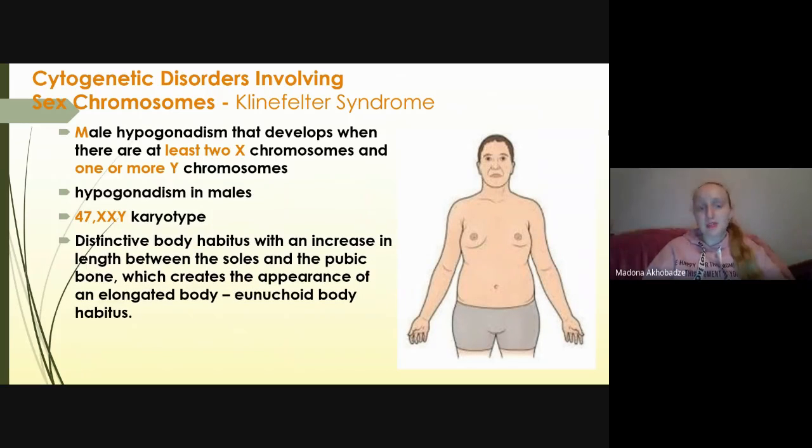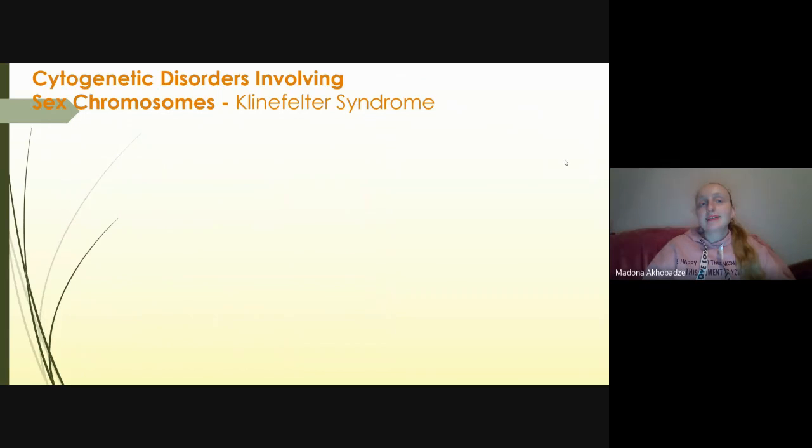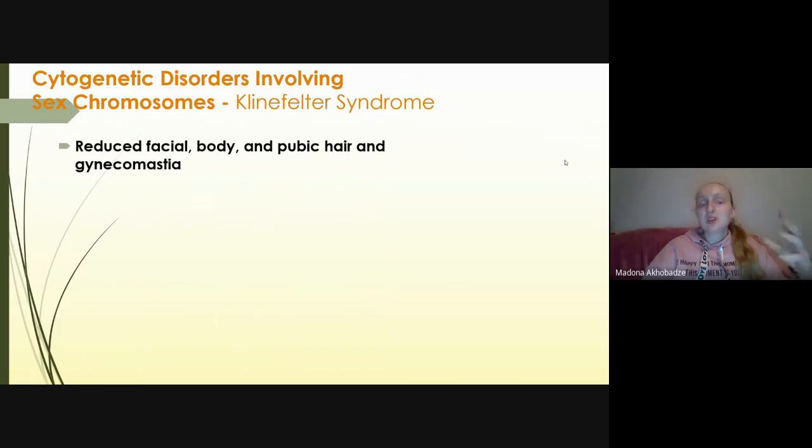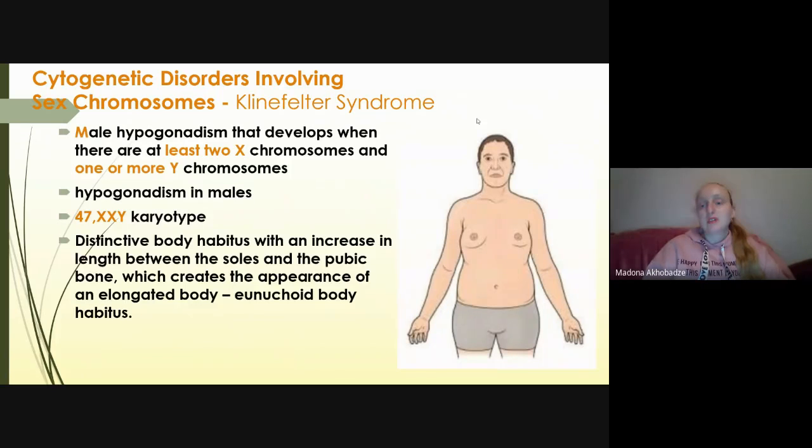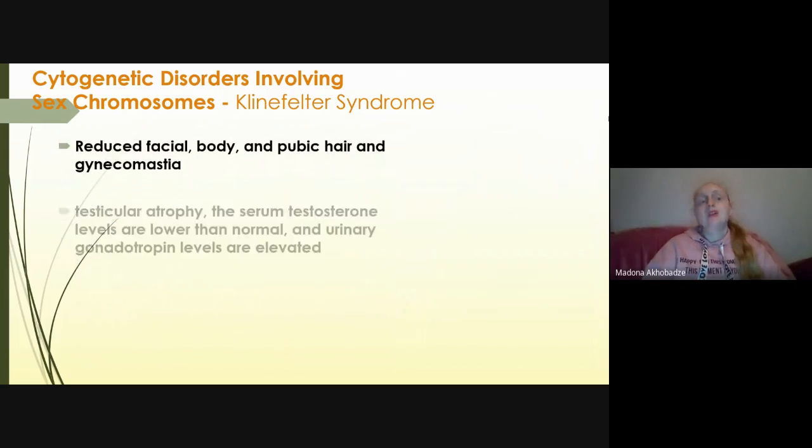Distinctive body habitus with an increase in the length between the soles and the pubic bone and an elongated body is called eunuchoid body habitus. You know what eunuch means. Also reduced facial, body and pubic hair, and gynecomastia, which is growing breasts in males.